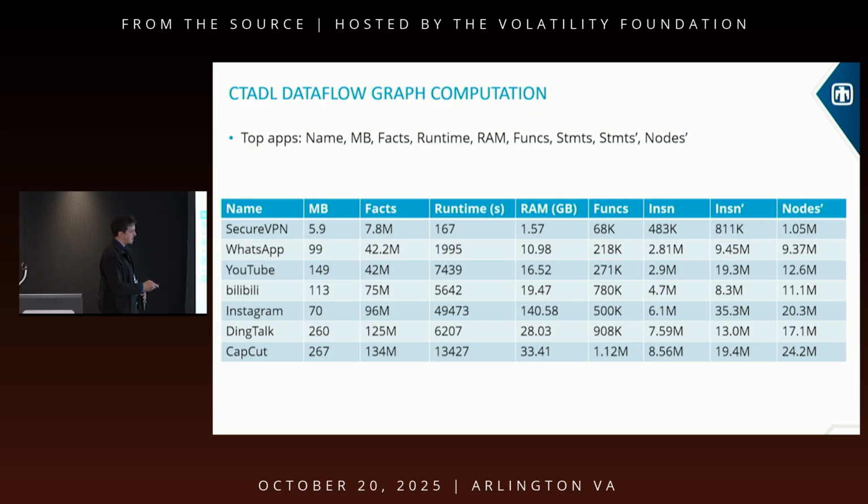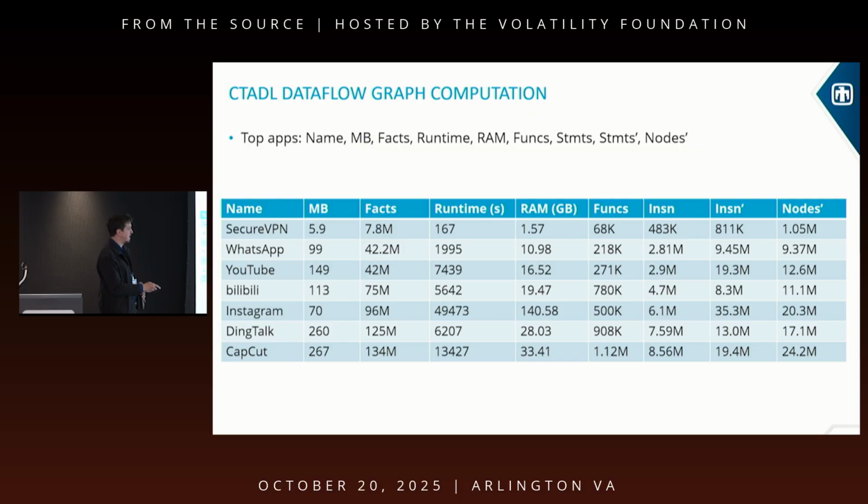So some of the analyses take quite a bit of RAM. This is not something you're running on your desktop necessarily, or on your laptop, I mean. Depends on your desktop, I guess. But they can still run within a reasonable amount of space. And then this is just some statistics about the data flow graph that's produced.